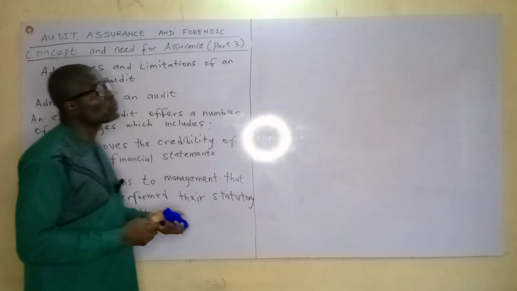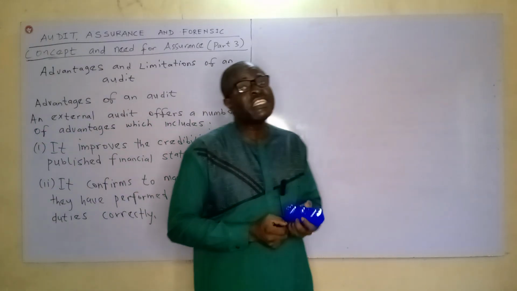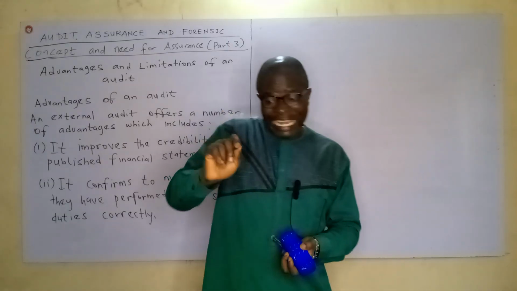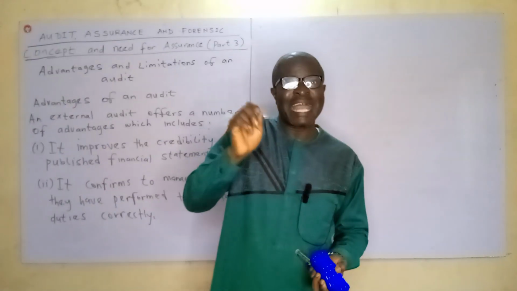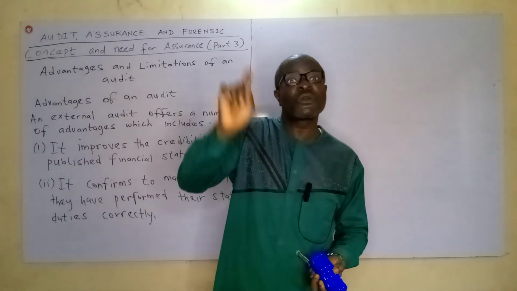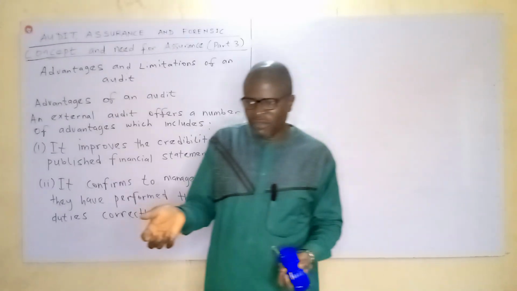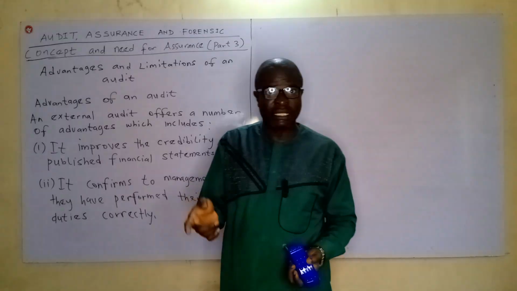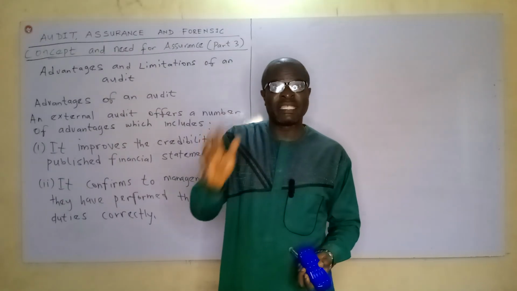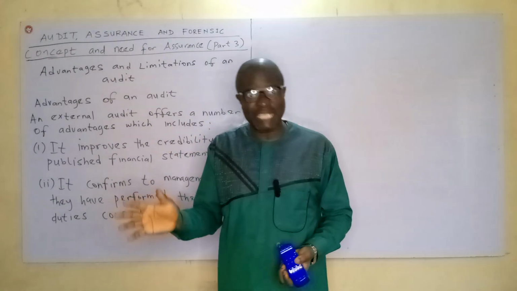Management's statutory duties are the duties required by law. One of them is that it is the duty of the management to prepare and present the financial statement of the company.